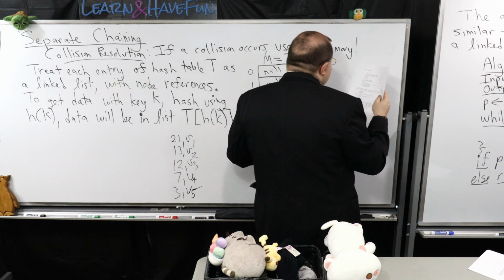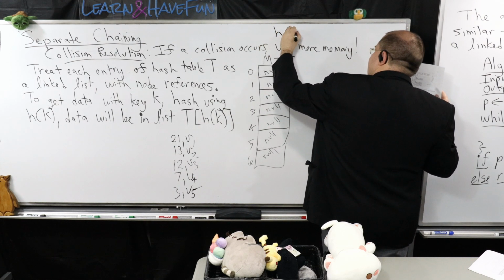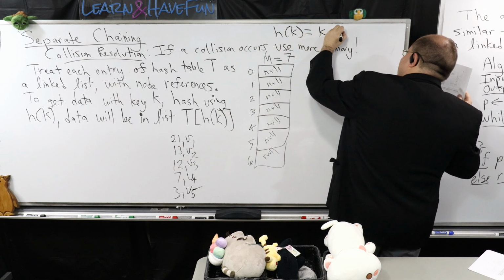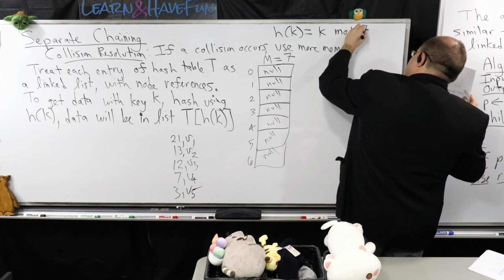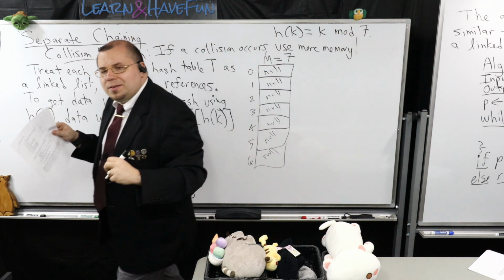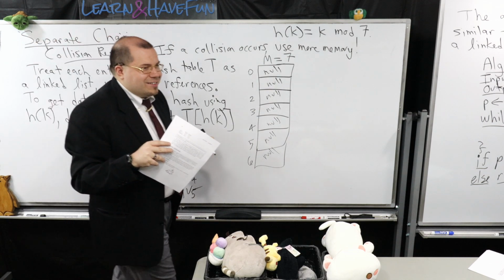And the hash function I'm going to use is as follows. H of k is going to be k mod 7. Remember, mod is just integer remainder.